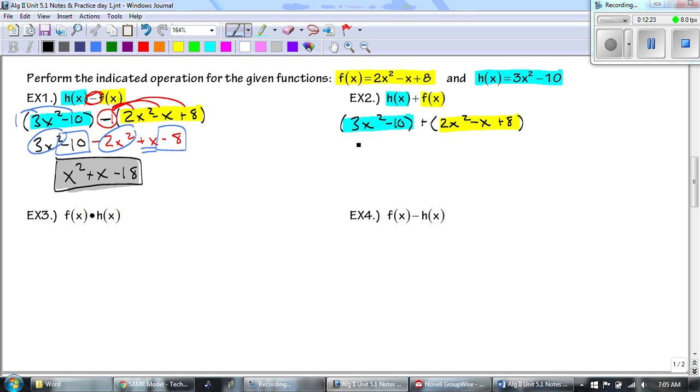With addition, all we have is a positive 1, so everything stays the same. And now I just look for my like terms, my 3x squared, my 2x squared, my x, and then my negative 10 plus 8. So 3x squared plus 2x squared, we get 5x squared minus x, and negative 10 plus 8 is not a positive 2, it's a negative 2.